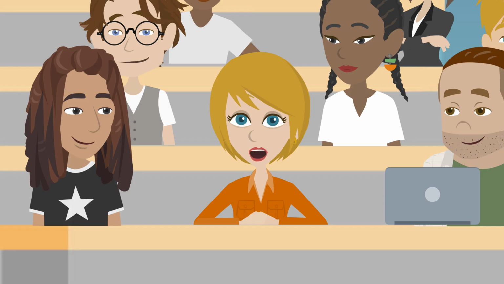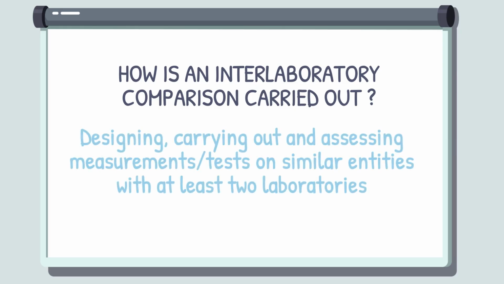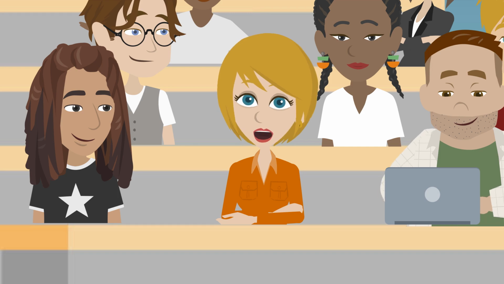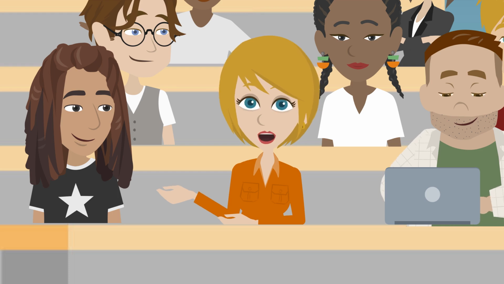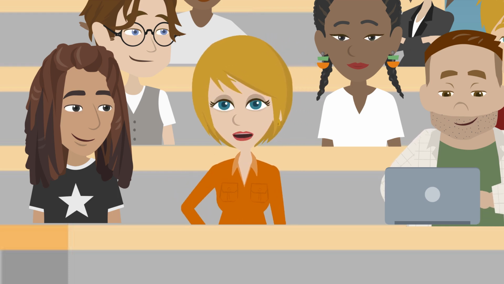I was actually lucky enough to do an internship at BPA, where I learned that to create an interlaboratory comparison, it's very simple. You have to design, carry out, and evaluate measurements or tests on similar items with at least 2 laboratories. As with any measurement method, there is a procedure that needs to be followed in a precise order with a logical succession of operations implemented during execution.